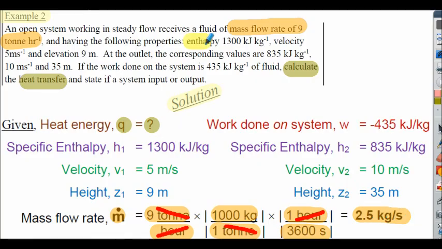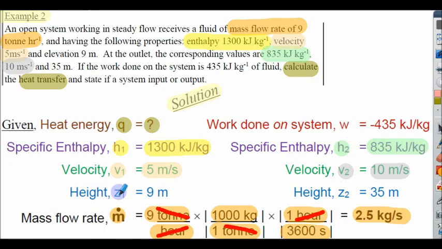We're given the inlet enthalpy H1, 1300 kilojoules per kilogram, the outlet enthalpy H2, 835 kilojoules per kilogram, inlet velocity V1 is 5 meters per second, and the outlet velocity V2 is 10 meters per second, stated here.